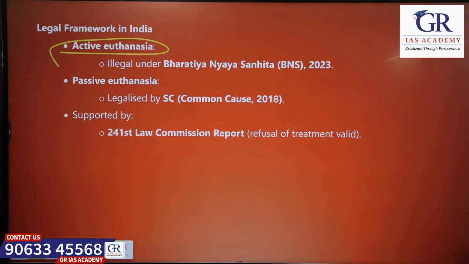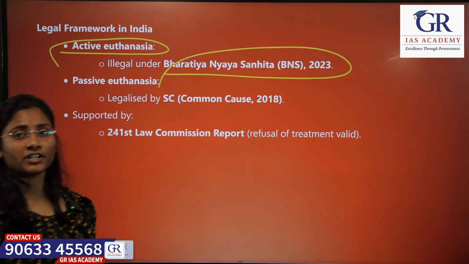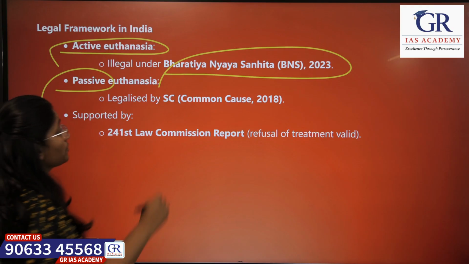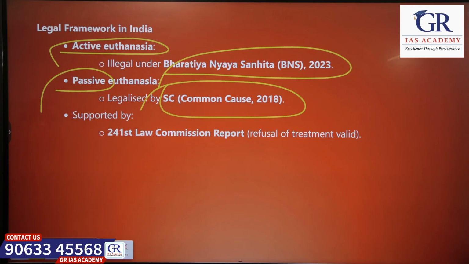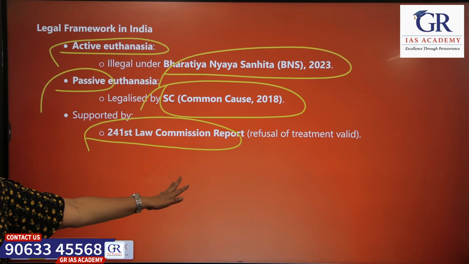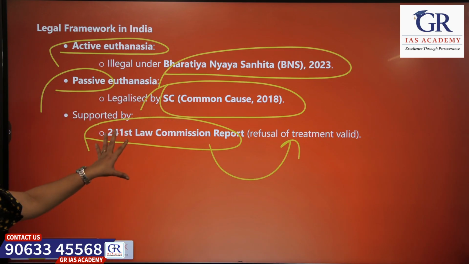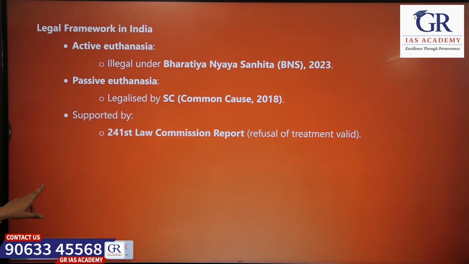Active euthanasia is illegal under the Bharatiya Nyaya Sanhita of 2023, and passive euthanasia was legalized by the Supreme Court in the Common Cause case of 2018. And who supported this? The 241st Law Commission report: refusal of treatment is valid. So this report also supported passive euthanasia.